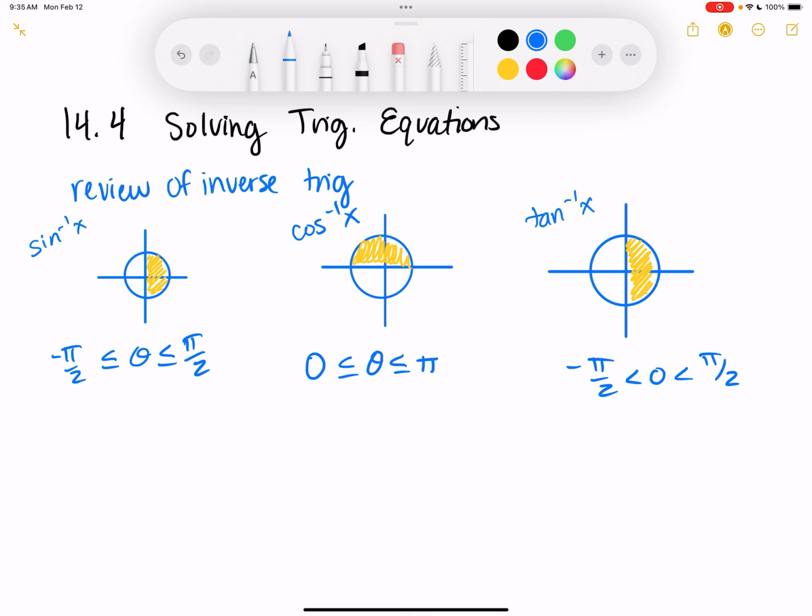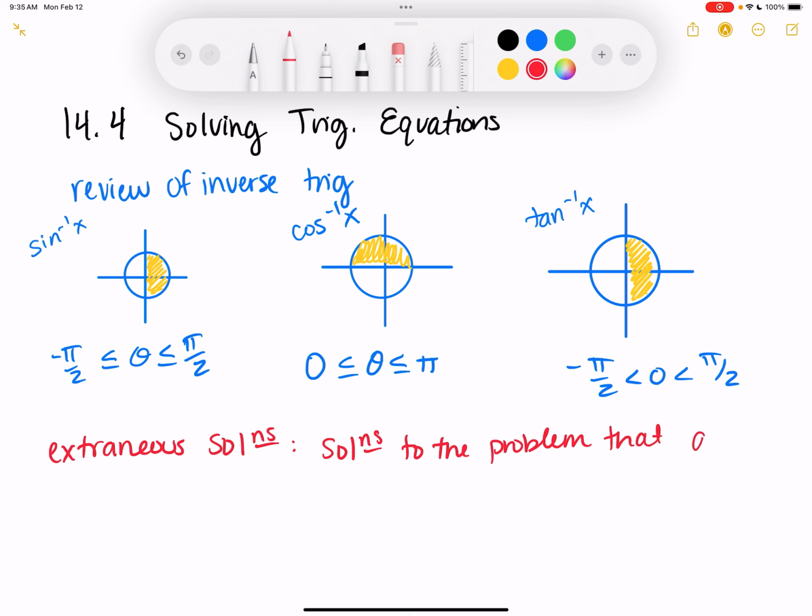All right, so much like some of the other solving equations that we've had in the past, we have to check for extraneous solutions. We also have to do that with trig functions because sometimes we have those. So remember, these are solutions to the problem that are not actually true.